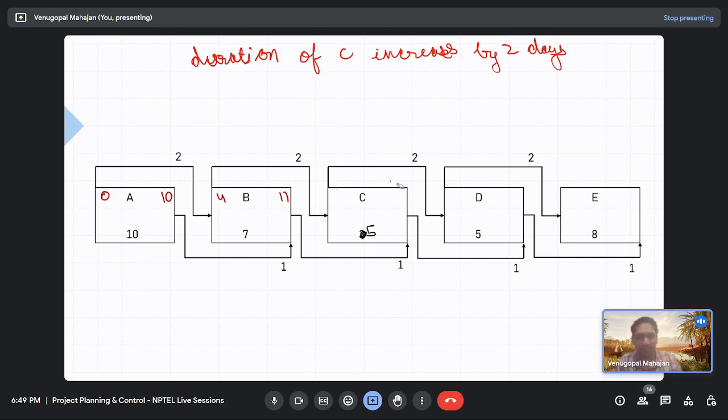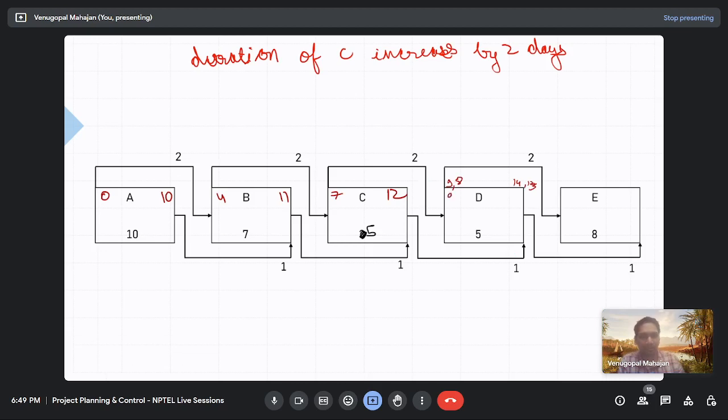So bigger values, 7, 12. What about activity D? 20. So it could be 7 plus 2, 9, and 9 plus 5, 14, or 12 plus 1, 13, and 13 minus 5, 8.